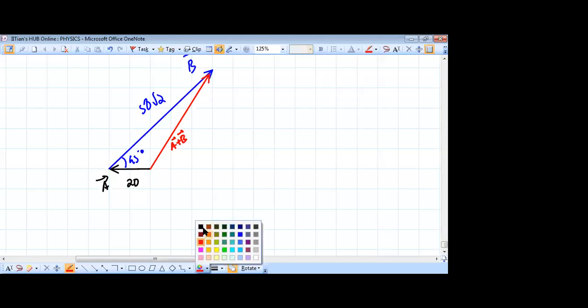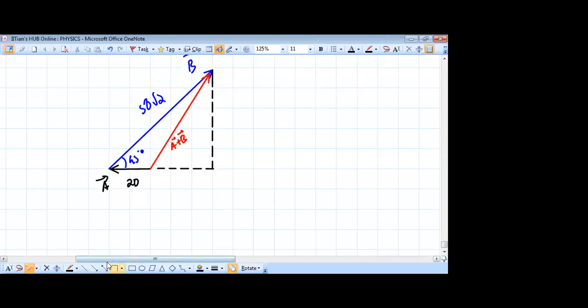To find it, what I have done is drop a perpendicular from here and continue this like this. In this, this side came out to be 30 and this side came out to be 50, because this was already 20.